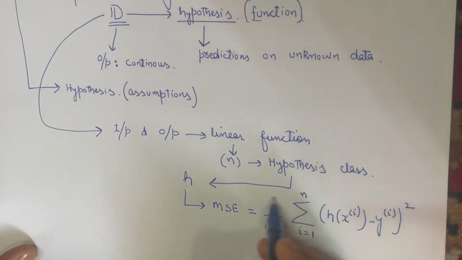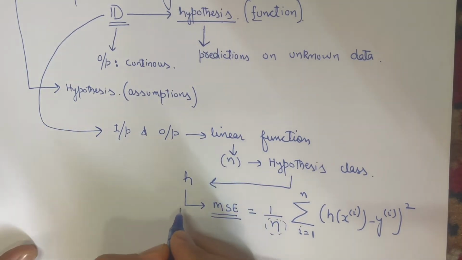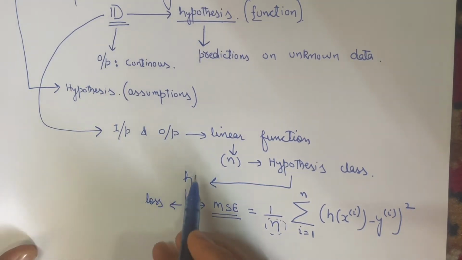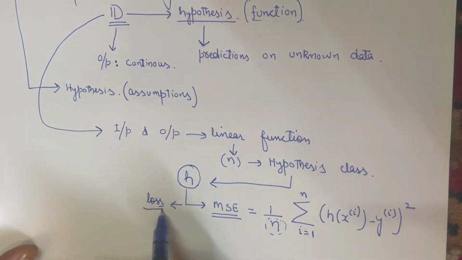I have already discussed this in the last lecture. We want to minimize this, which is also called loss. So we will have our final hypothesis function that has this loss minimum.